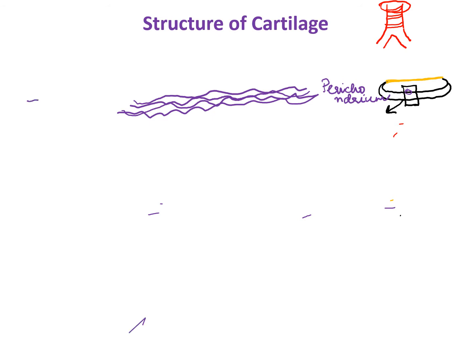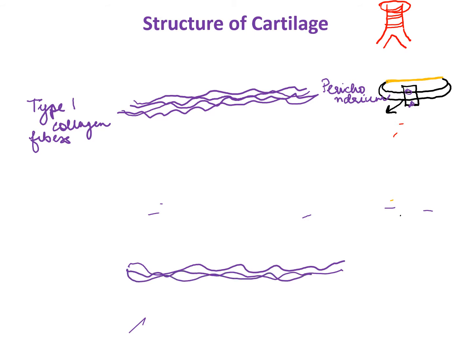When we look at these type 1 collagen fibers under the light microscope, they appear wavy and crimped, and that is why we've drawn it like this. On the other side, we would have a similar perichondrium made up of type 1 collagen fibers.